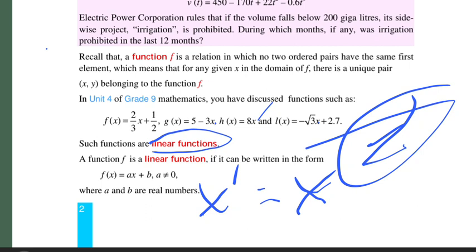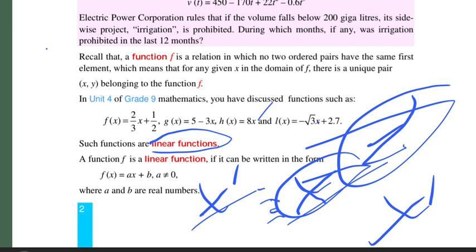Due to this we can write it this way, because we know it is x to the power of 1. The degree of the linear function is 1.